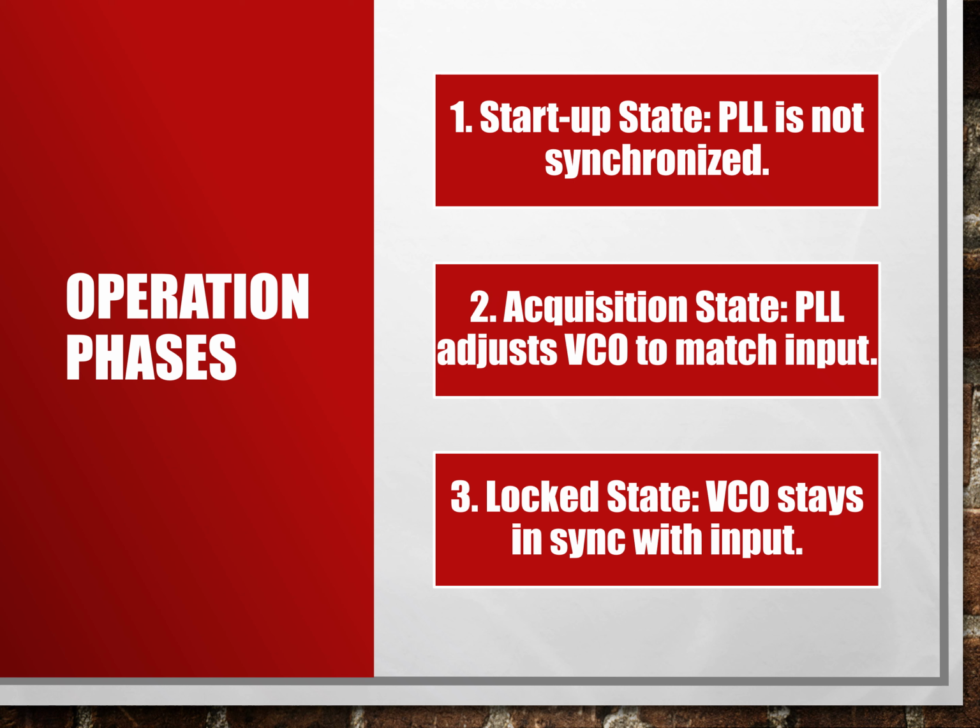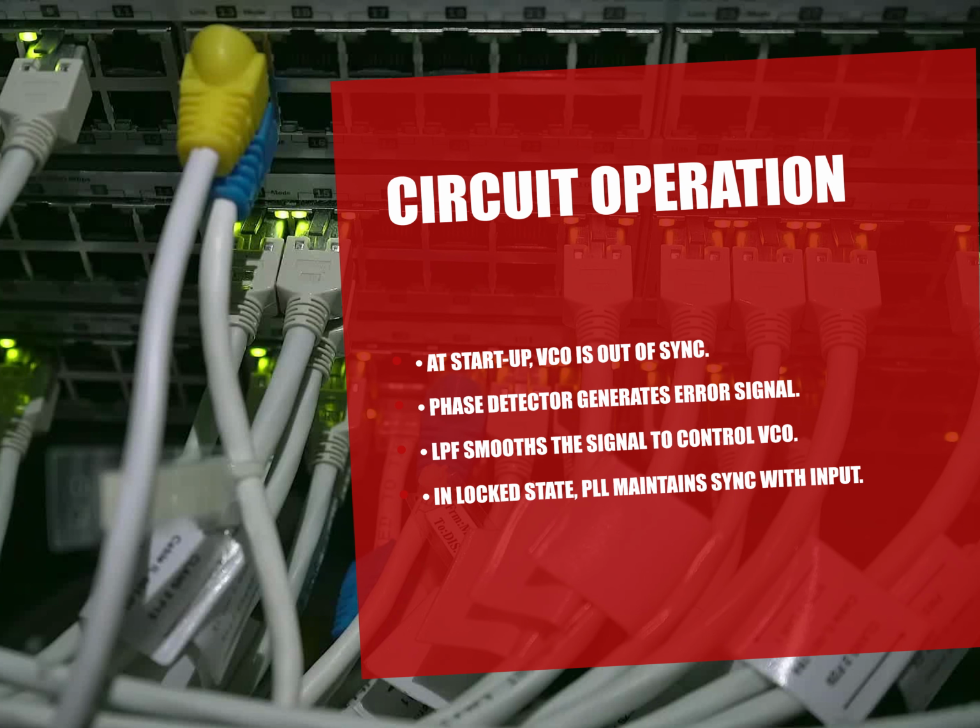And then let's understand how this works in real time. When the circuit powers on, the VCO starts off unsynchronized. The phase detector immediately compares the VCO output with the reference input and produces an error signal. This signal goes through the low pass filter, which removes any noise, giving us a clean control voltage.